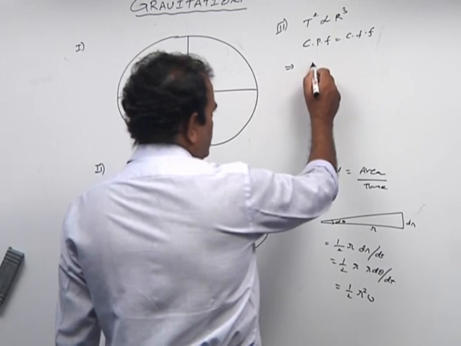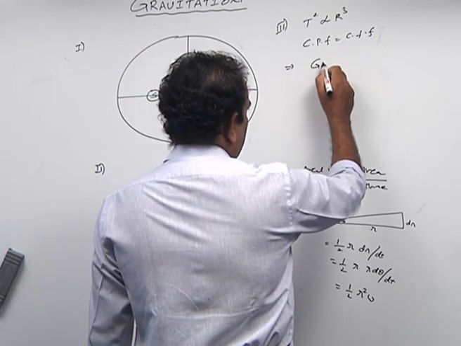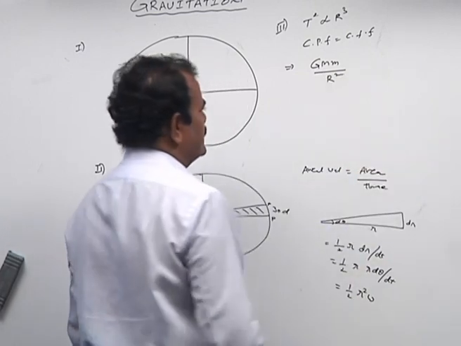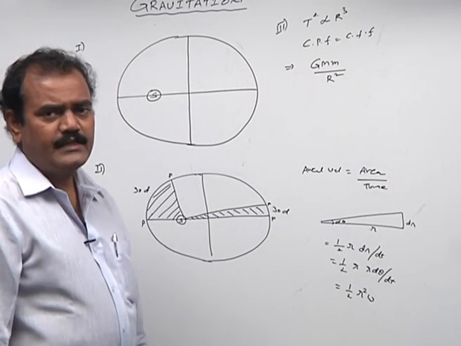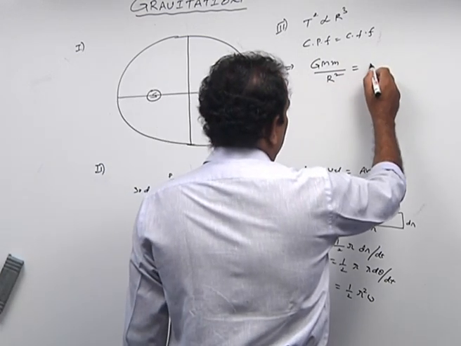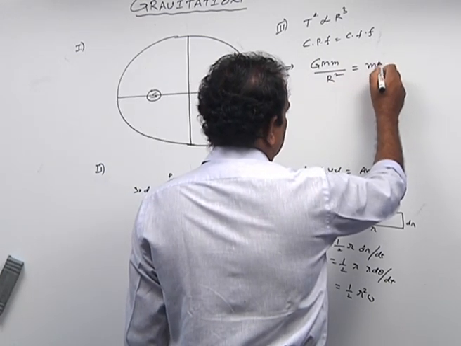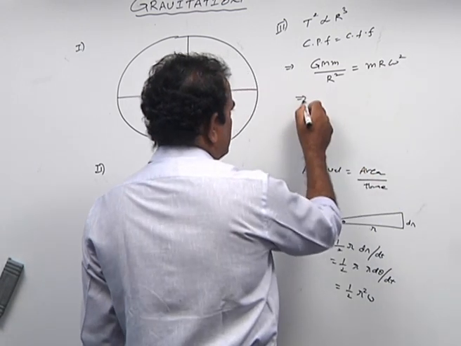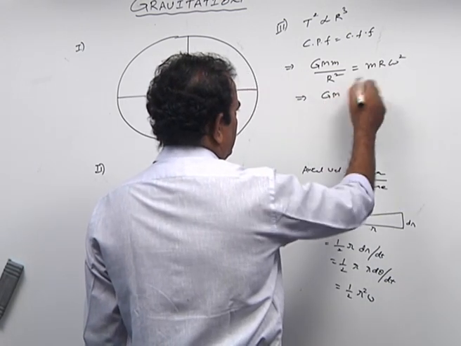So because of that, it is capital G, capital M and small m by r square, that is the centripetal force. And the centrifugal force can be taken as m r omega square. So m r omega square, and in the next step it becomes GM, and here it is r cube.